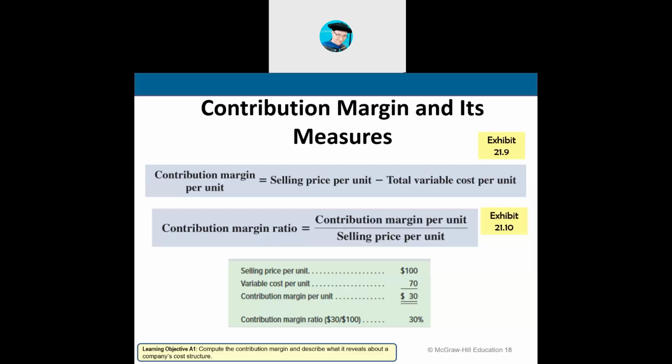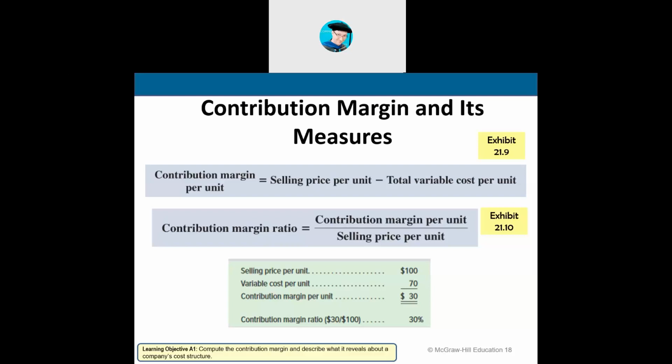The best way to figure out the profit per unit is quite simple. We take the sales price, how much we're selling it for per unit, minus the total variable cost per unit.